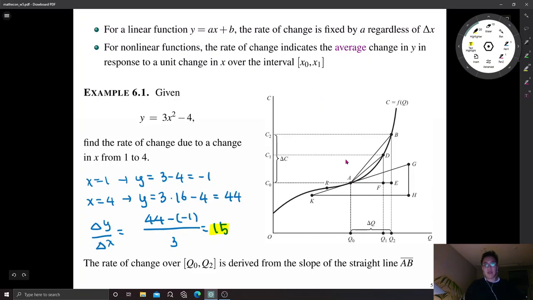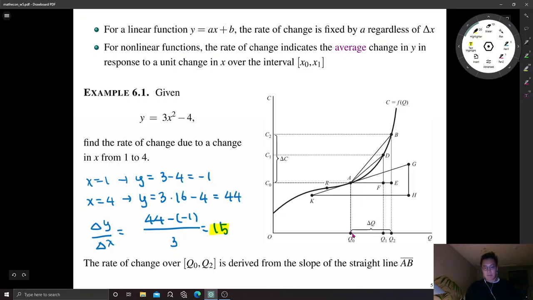Okay, and geometrically, the rate of change measures the slope of the secant line. So here we have a cost function. Cost C is a function of quantity produced.